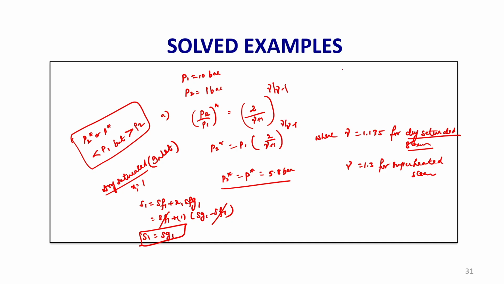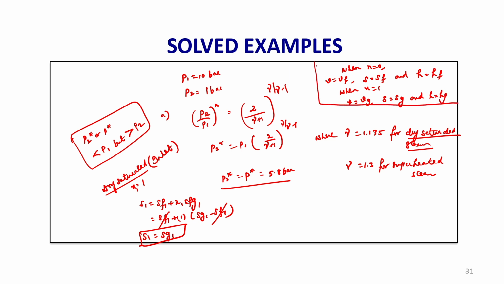So remember, when X is 0, entropy is Sf, enthalpy is Hf, and specific volume is Vf. When X is 1, specific volume is Vg, entropy is Sg, and enthalpy is Hg. These should be kept in mind. This is very, very important.